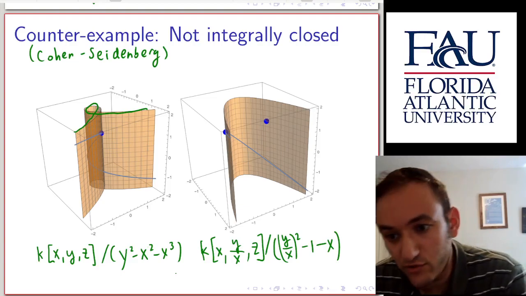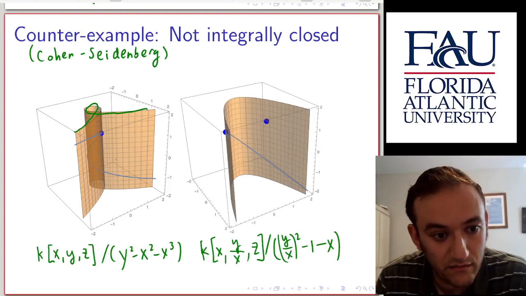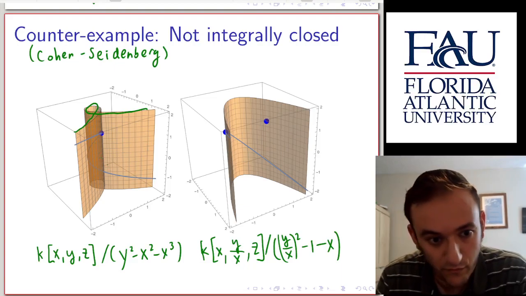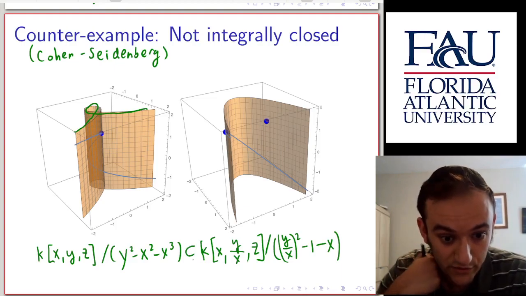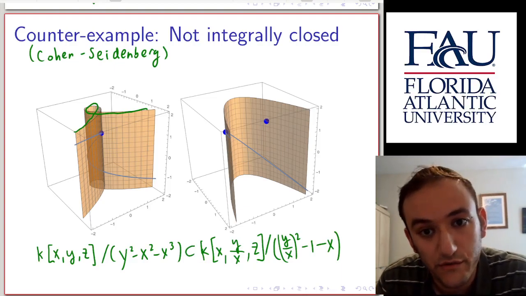So the reason that you don't have the going down theorem for these rings is, first of all, that the lower ring is not integrally closed.